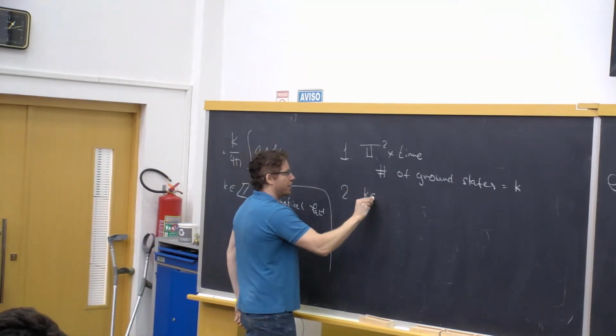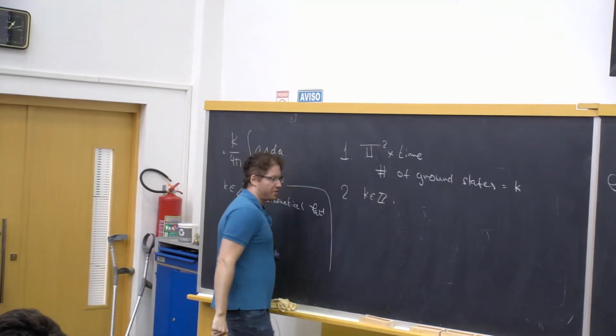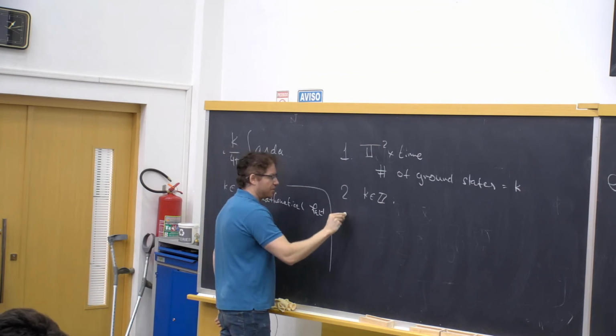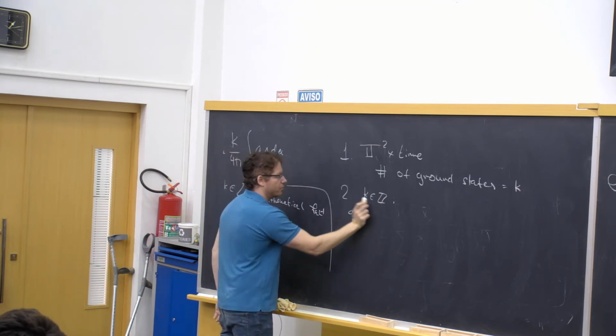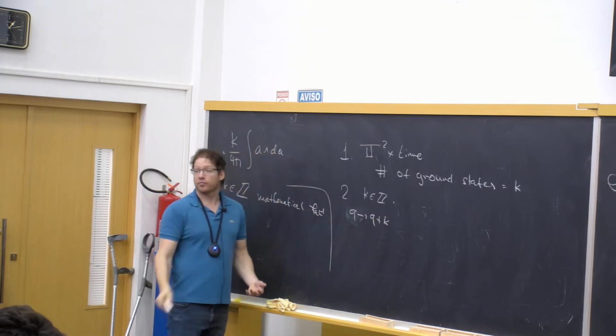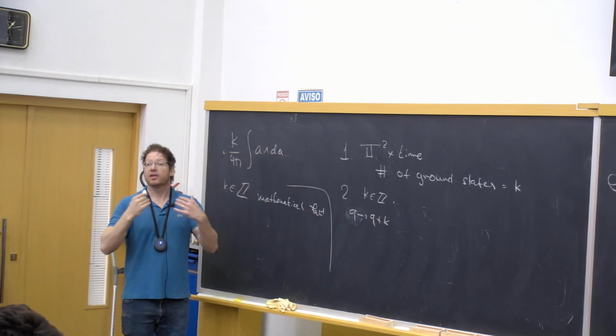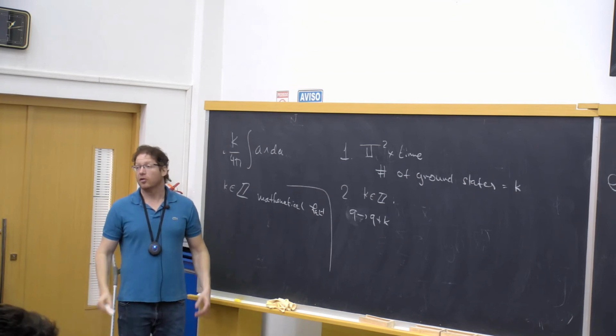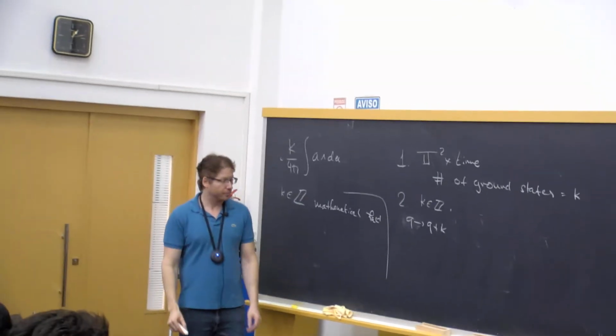So for integer k, what happens is that if you shift q, if you shift the electric charge by k, you get the same Aharonov-Bohm phases. So there is only a finite number of anyons and only a finite number of distinguishable spins.